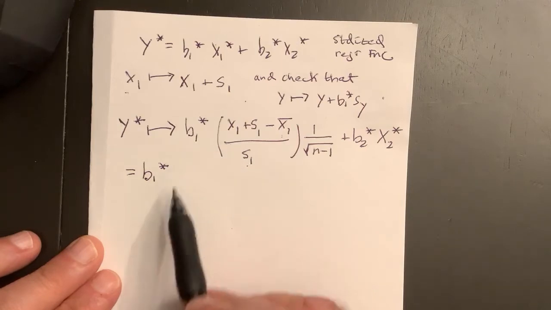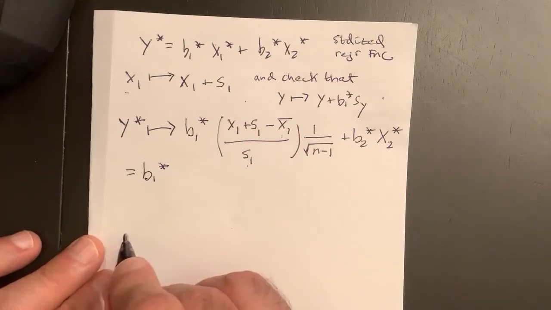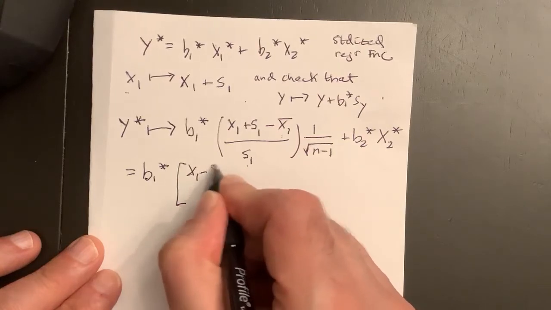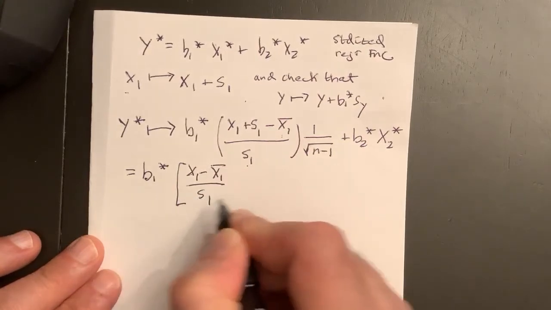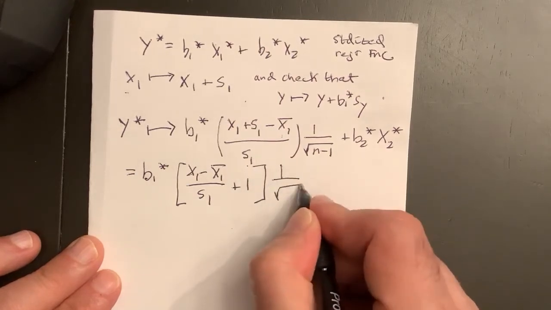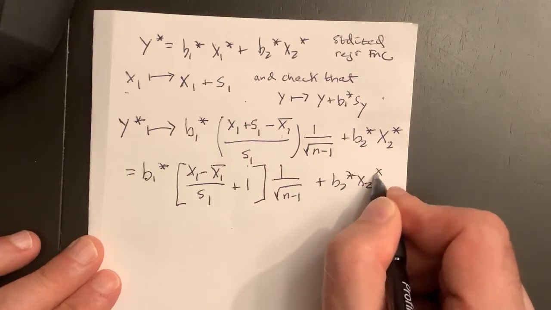So the whole thing becomes b1 star times x1 minus x1 bar over s1 plus 1 over square root n minus 1, plus b2 star x2 star.